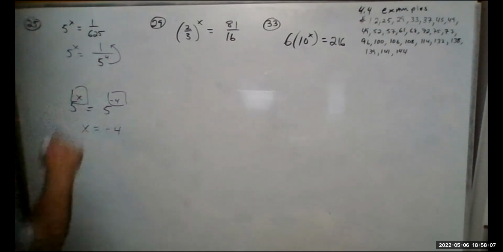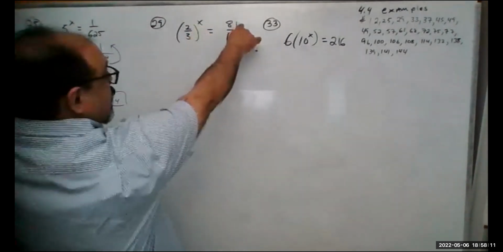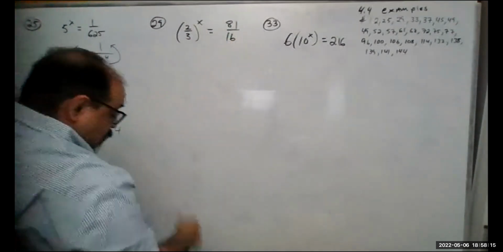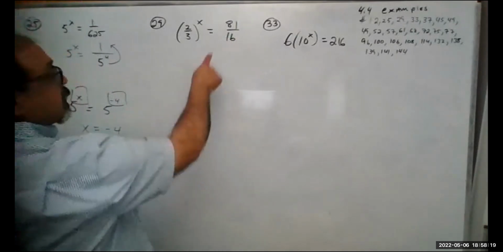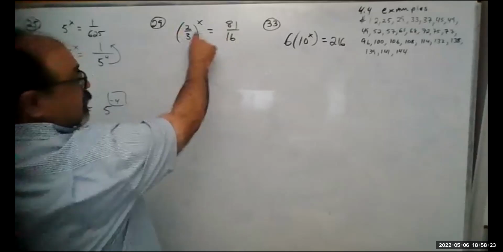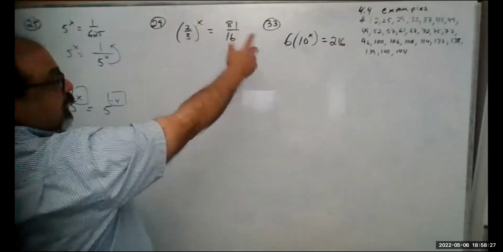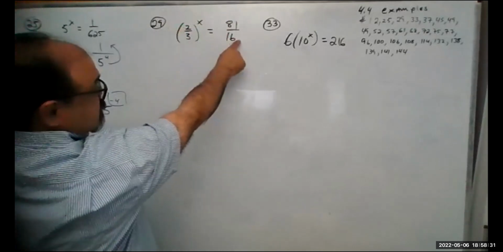Okay, 29. 2/3 to the x is equal to 81 over 16. Before you start thinking the only way to do this is logarithms, think about the bases. 16 is a power of 2. 81 is a power of 3. But 2 is up here in the numerator and that 16 is down below.